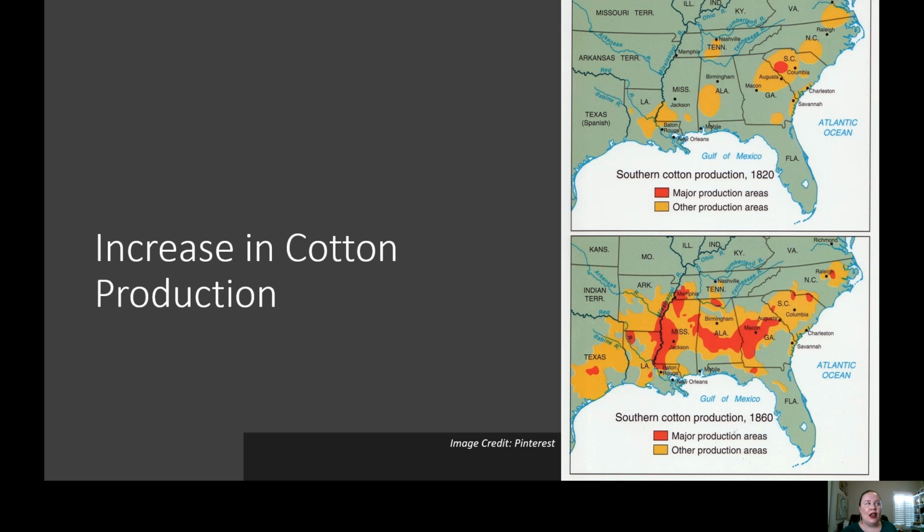And you can see a lot of this cotton production shifting, not as much anymore in the old coastal South that we've been focusing on for most of the semester up until this point. So part of the reason that cotton production shifts to the Southwest is this availability of land that has increased after 1812.